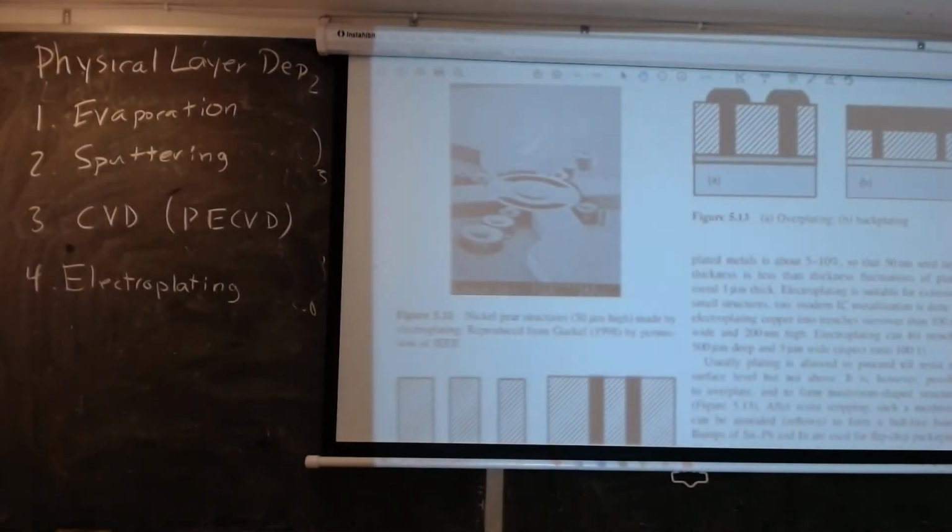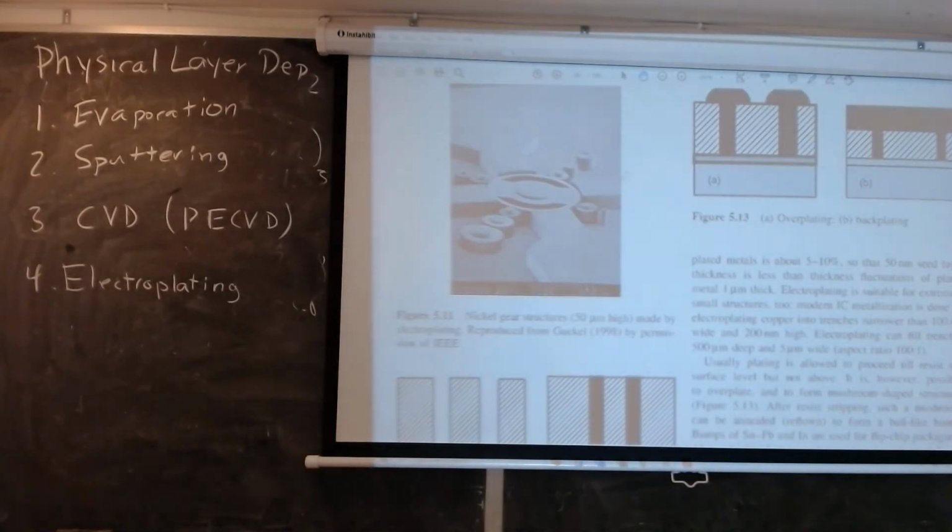Again, the author of this textbook is more interested in MEMS. At one point there was a lot of interest in making things like gears on a silicon wafer, so that you can actually have mechanical structures.